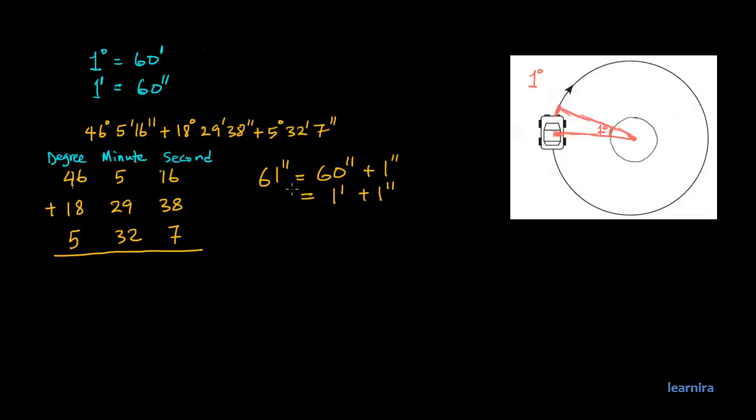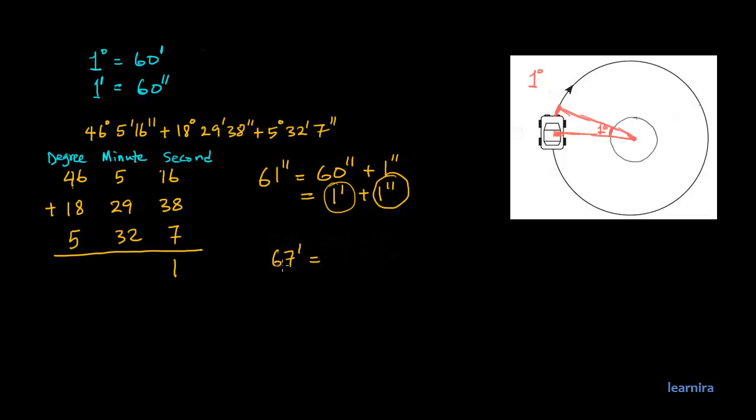So instead of writing 61 seconds here, we'll write 1 second, and we'll carry this 1 minute to the minutes column, and we'll have 5 plus 29 plus 32 plus 1 minute, and that would give us 67 minutes.